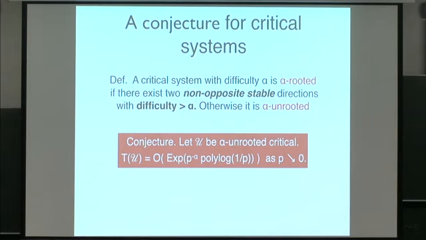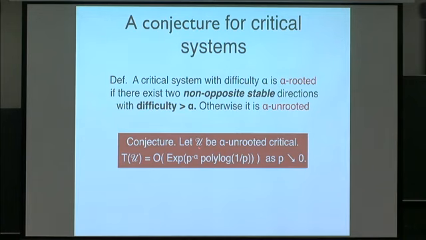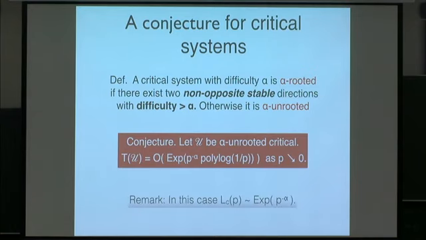But we put forward the following conjecture: if U is alpha unrooted critical, for example the classical bootstrap process, the two neighbor process, then the infection time scales like the critical length for the corresponding bootstrap process. While for alpha rooted, this famous Duarte model, it should diverge much faster. But this is still in perspective.